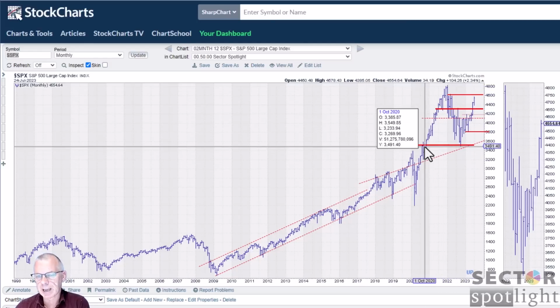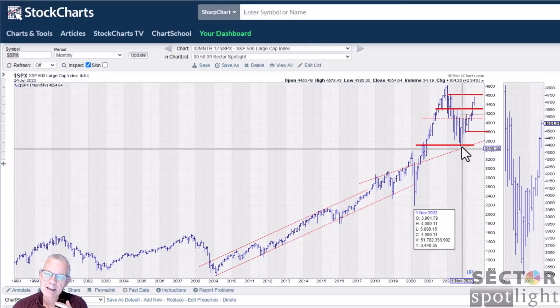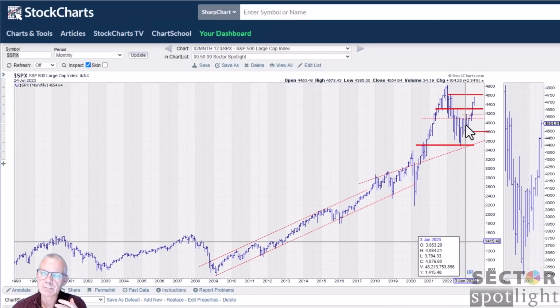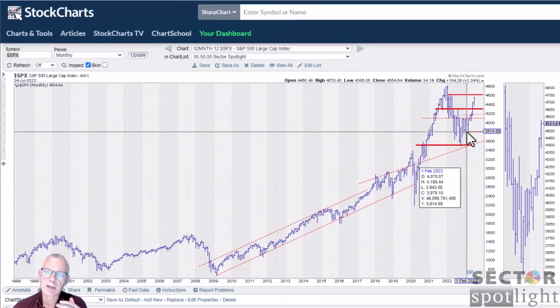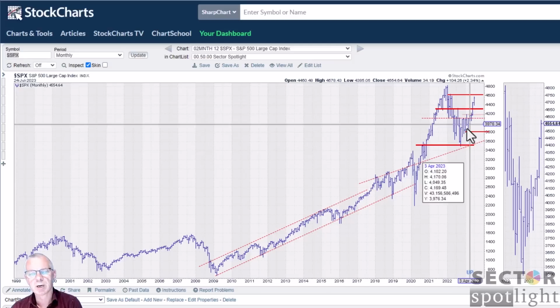So I would expect, if the assessment is right and my judgment is right, that we do need to actually surpass that previous high in this new bull market.